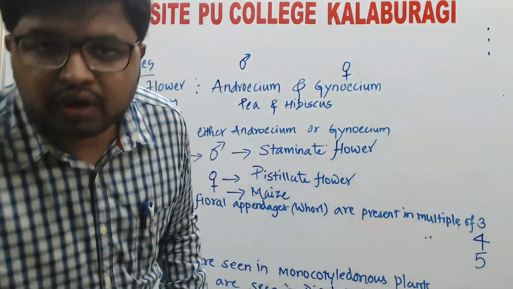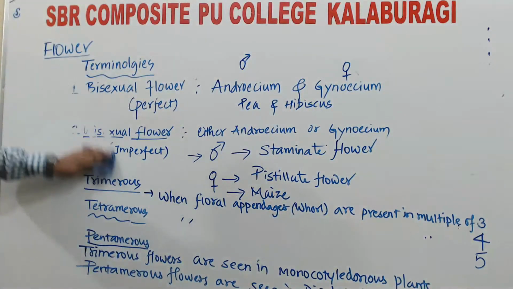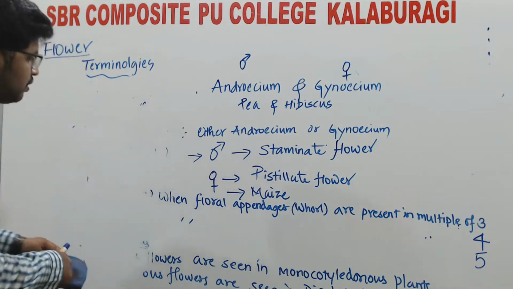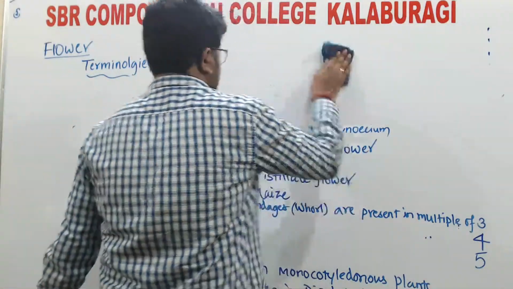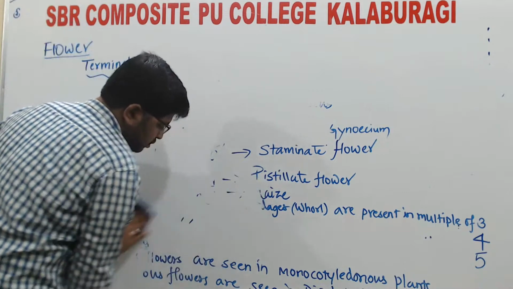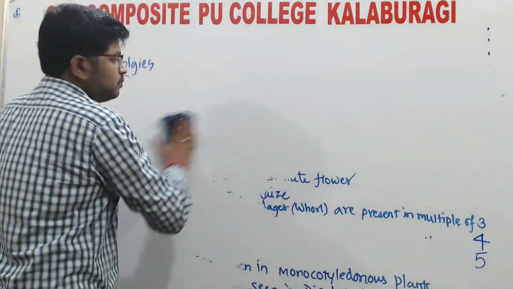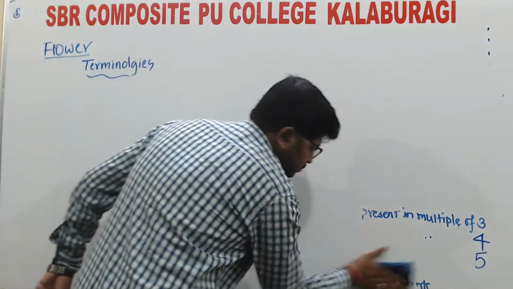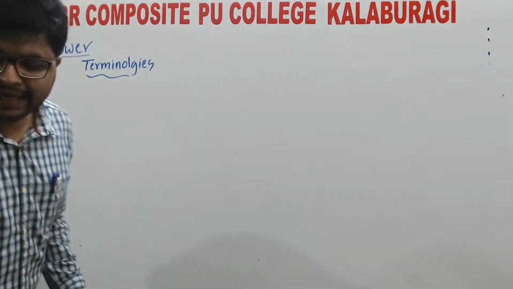Now, moving forward, we'll try to understand a few more terminologies related to the flower, that is bracteate and ebracteate. What is bracteate?